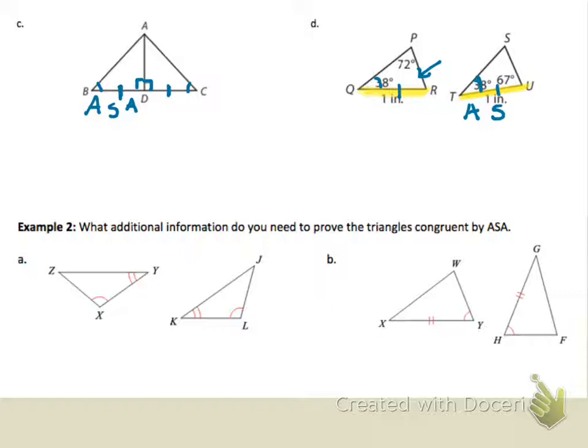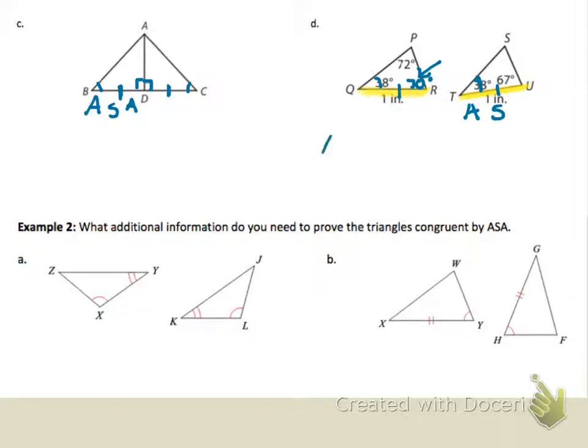And so the missing angle here at R is going to be 180 degrees minus 72 and minus 38, and I got 70 degrees. So right there, glad I did not assume anything, because now I know, nope, these are not congruent.